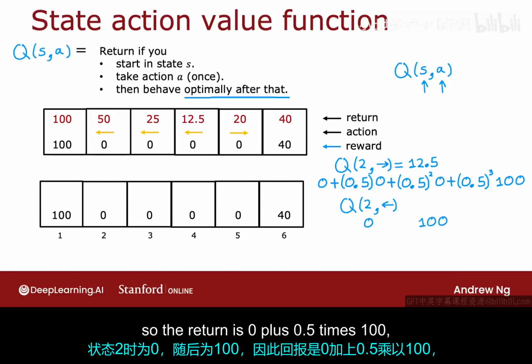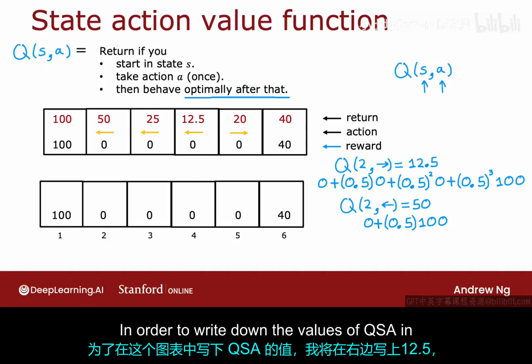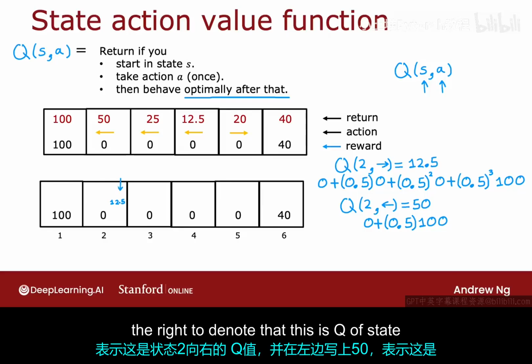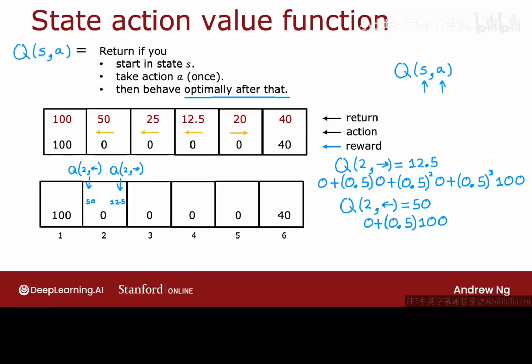And so the return is 0 plus 0.5 times 100, and that's equal to 50. In order to write down the values of Q of S, A in this diagram, I'm going to write 12.5 here on the right to denote that this is Q of state 2 going to the right. And then I'm going to write a little 50 here on the left to denote that this is Q of state 2 going to the left.